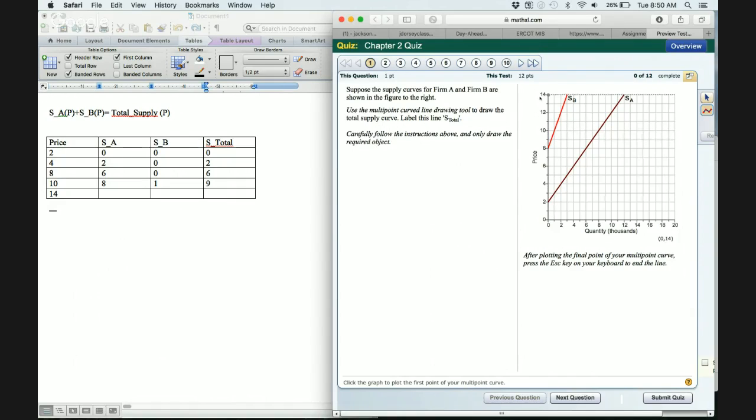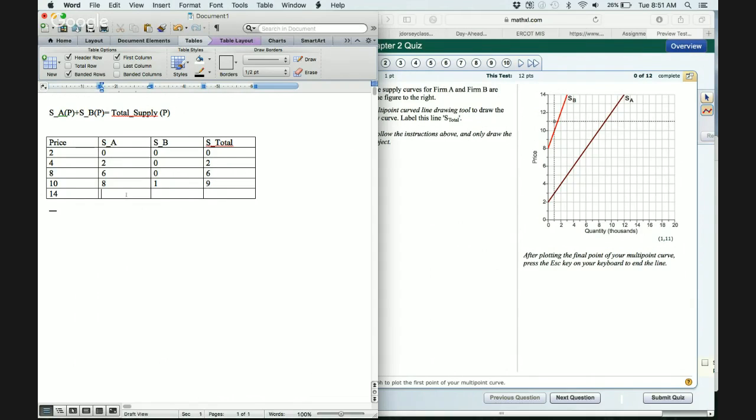Finally, at 14, we go out to SB. Firm B is willing to produce 3 at a price of 14, and firm A is willing to produce 12. So we have 12 plus 3, which means that at a price of 14, our total supply is going to be 15.